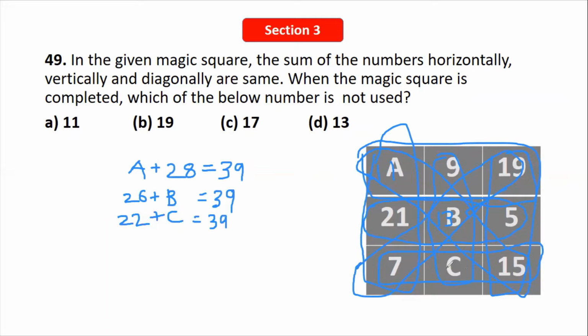So I can write 17 here. Which number does not fill in A, B, or C? So the answer is 19. Now I'll erase this and then go to the next question.